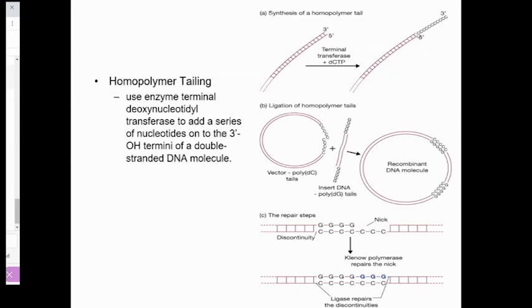Then they will add the C to the 3' end, so that you get the poly C tail. And then you can have a poly G tail for your insert, and then you can ligate these two molecules together. So that's the homopolymer tailing.